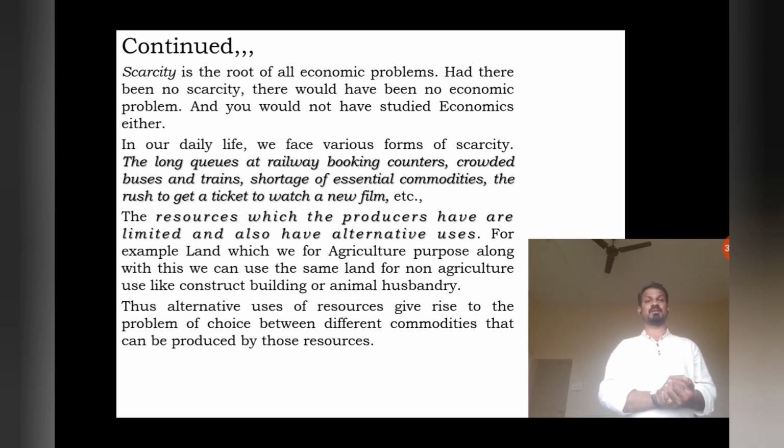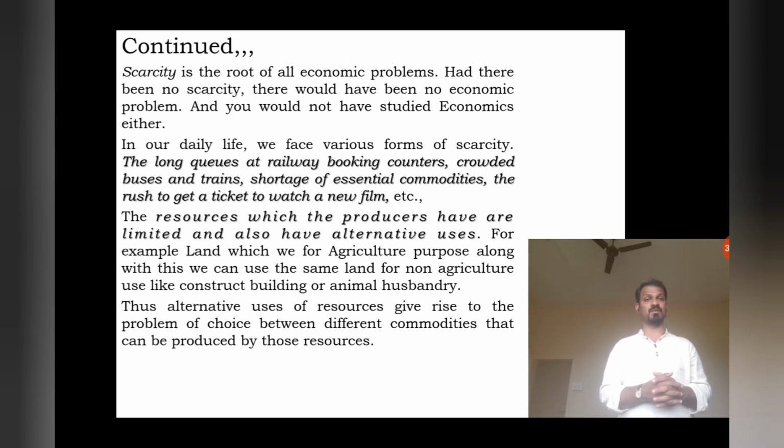Along with agriculture, we can use it for many other purposes, like constructing buildings, animal husbandry, poultry, or cattle breeding. When we use a single resource for various purposes, the good or service becomes scarce, and that is where we find scarcity.